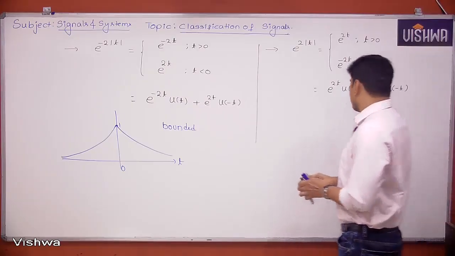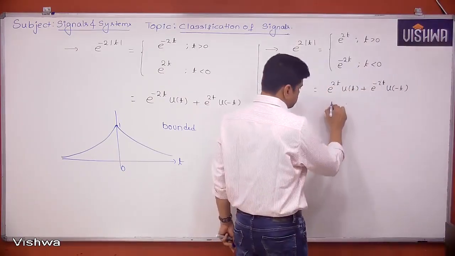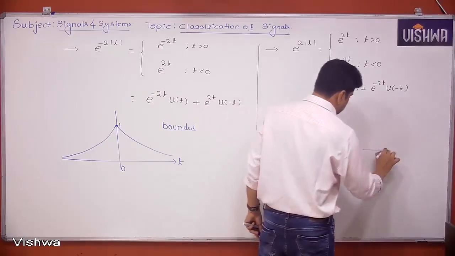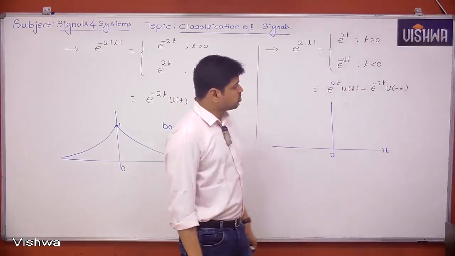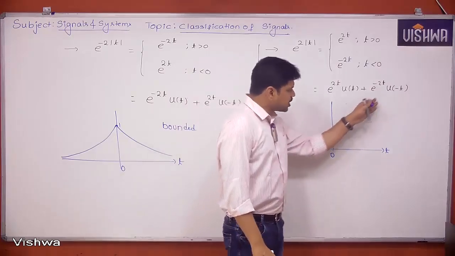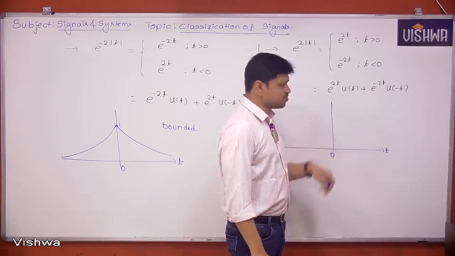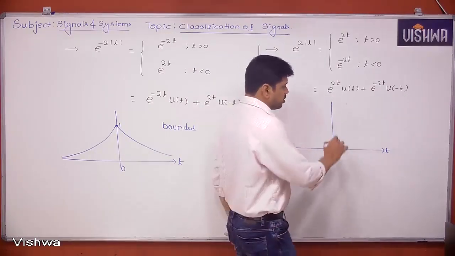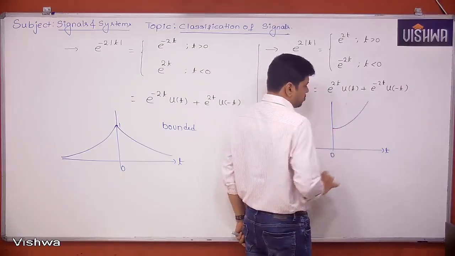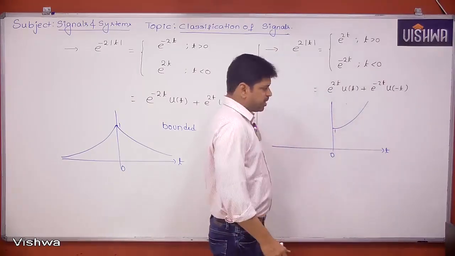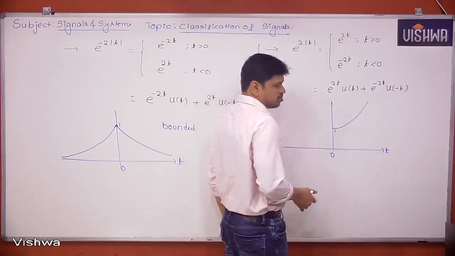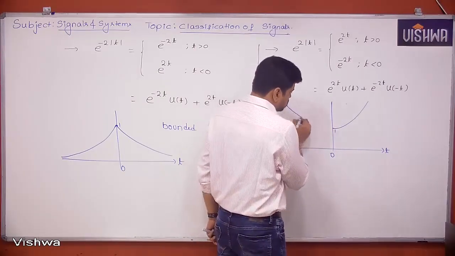So if I draw the signal, e power 2t u of t is a growing exponential but only existing for positive values of time. Can I draw it like this? This is the function. E power minus 2t u of minus t is a decaying exponential but existing only for negative values of time.